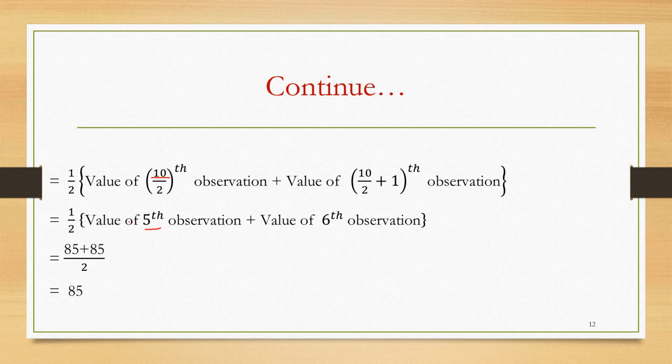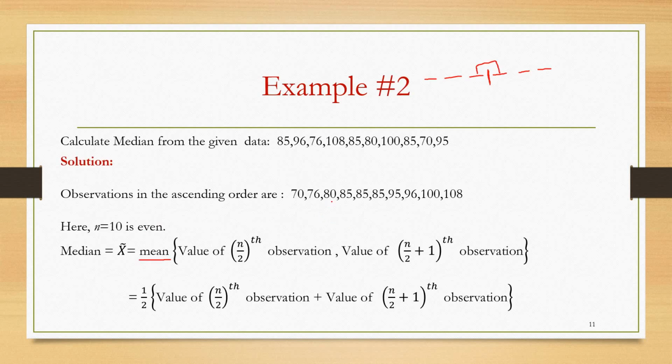So the next observation is the 6th observation. We have to calculate the mean of the 5th observation and the 6th observation, not the mean of 5 and 6. We are not calculating the mean of 5 and 6. We are calculating the mean of the 5th observation and the 6th observation. So we will see what the values on the 5th and 6th observations are. 1, 2, 3, 4, 5.